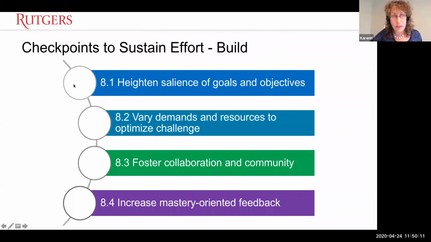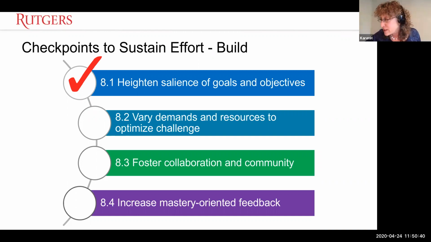I think I'm going to start with 8.1, which is where we're going to heighten salience of goals and objectives. So we want to set a vision for the goal and why it would matter. Some learners will need support to remember the initial goal or to maintain a consistent vision of the rewards of actually working to reach that goal.